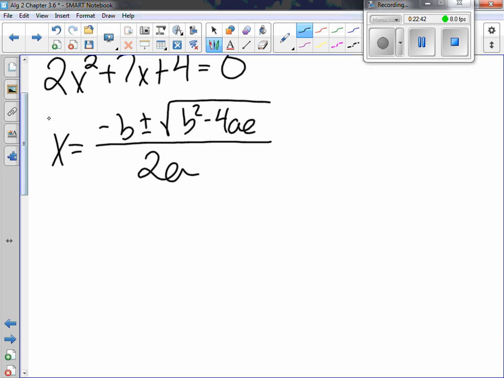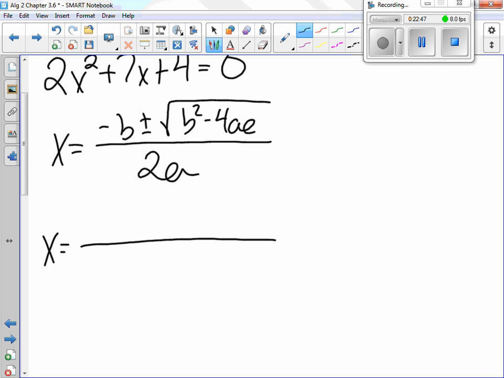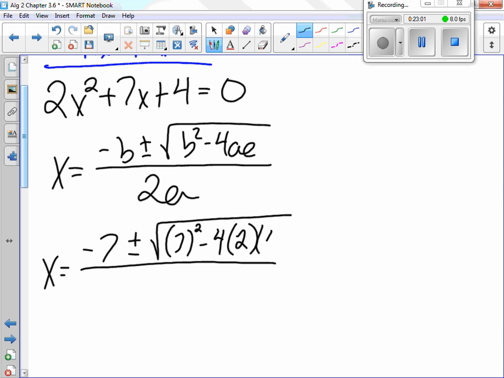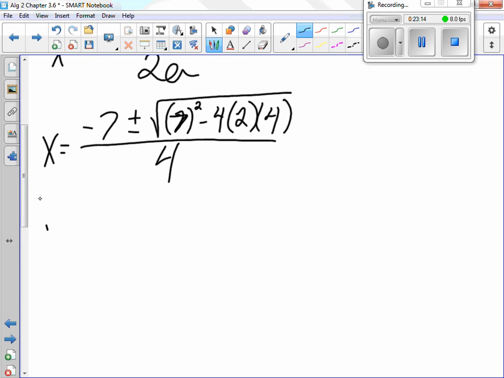Now we need to plug in the values of a, b, and c. So we have negative b. Well, the value of b is, so we have negative 7 plus or minus the square root of, times a, which is times 4, all over 2a. Well, a is, what is 2 times 2? So that'll be about the only steps I skip and kind of do all at once.